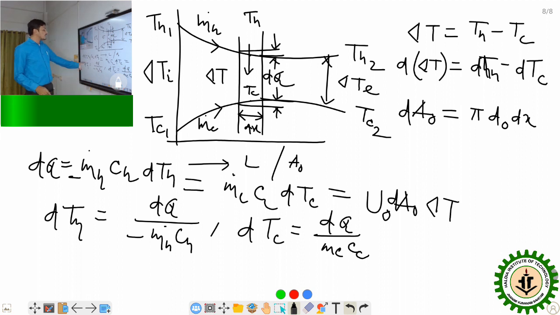Now we will put these two terms from these equations over here.